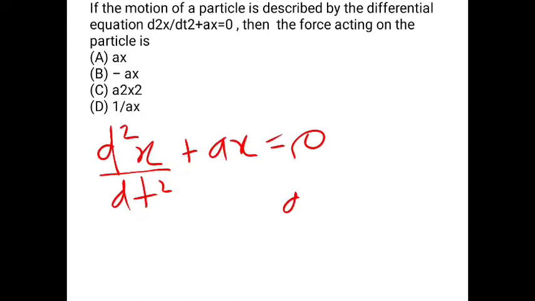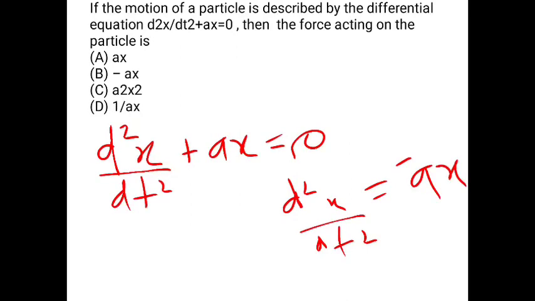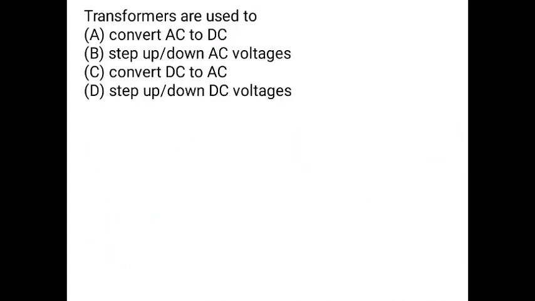Here d square x by dt square equals minus ax. That means this is acceleration actually. Then the force is proportional to minus ax. Option B is correct.